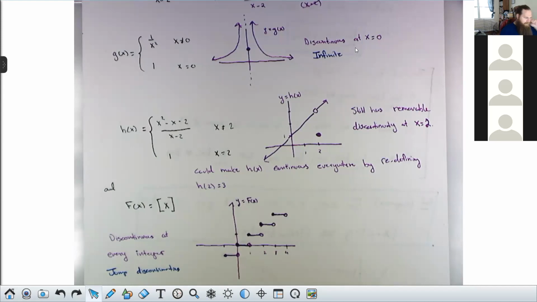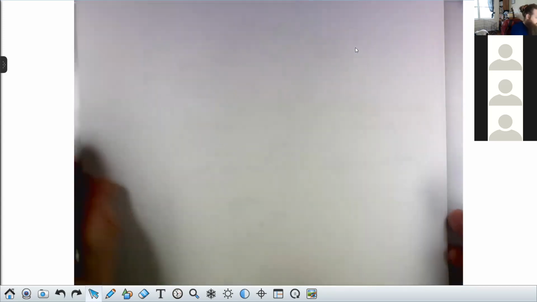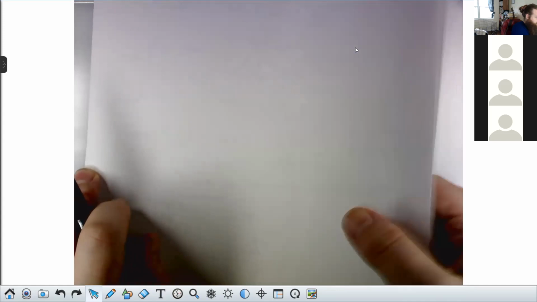In terms of the delta epsilon stuff, let me look at the function h a little more closely.